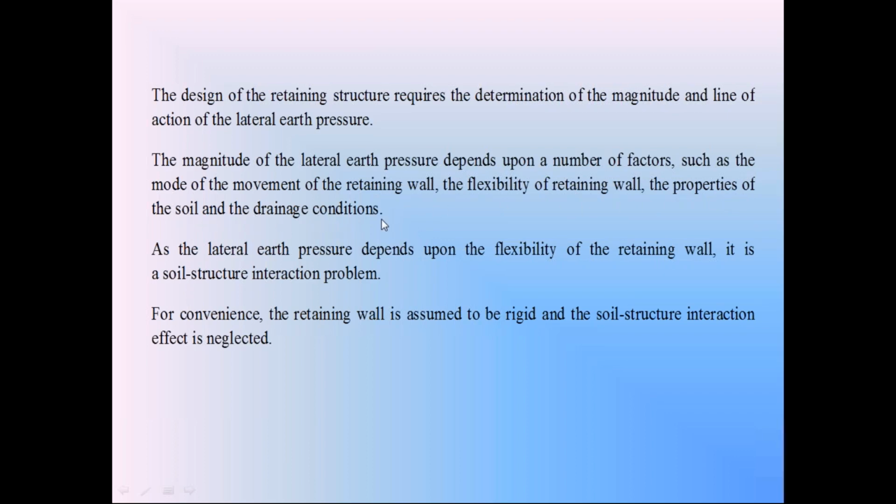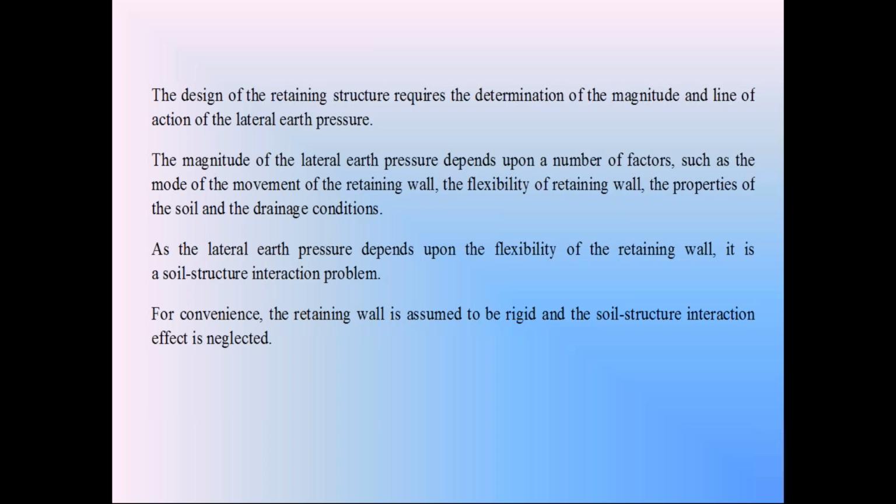The fourth factor is drainage conditions. If the retaining wall has weep holes, the water flows freely in the downward direction, so the water will not apply additional pressure on the retaining wall. If the retaining wall does not have weep holes, then the water in the soil applies additional stress, that is called water pressure, on the retaining wall.